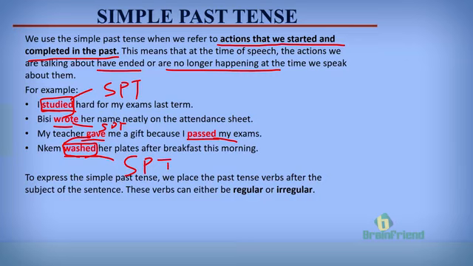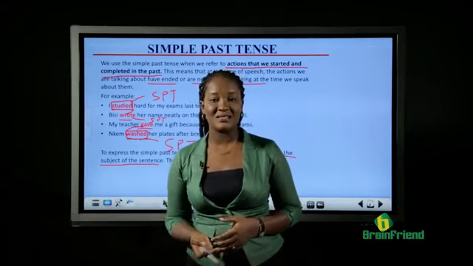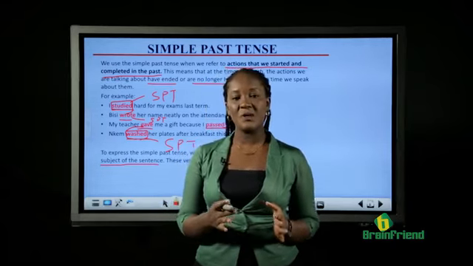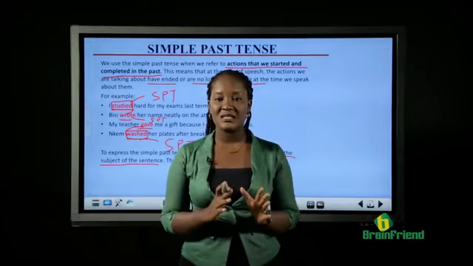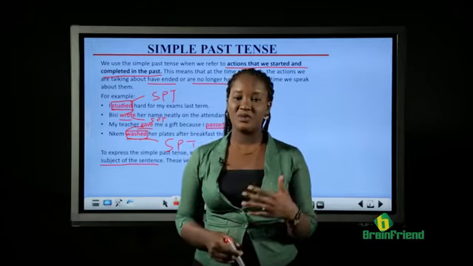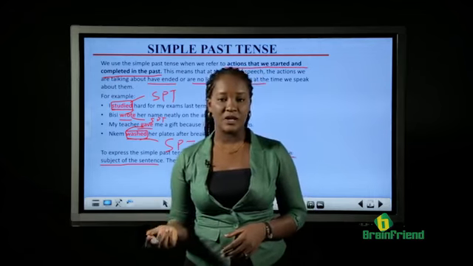Now, to express the simple past tense, we place the past tense verbs after the subject of the sentence. And these verbs can either be regular or irregular.